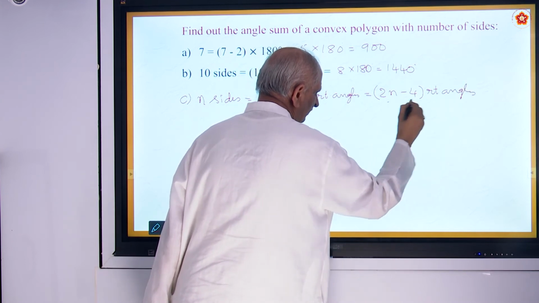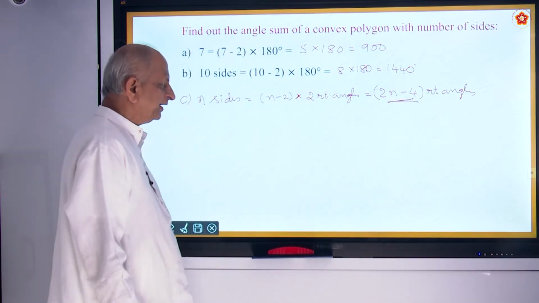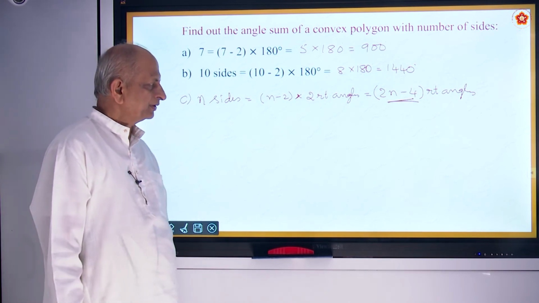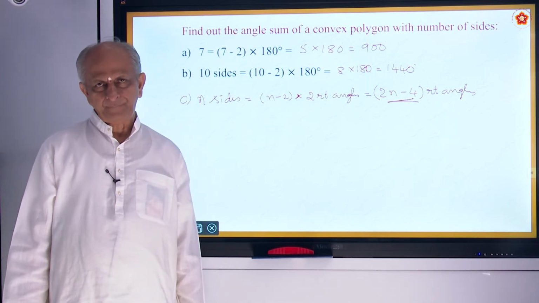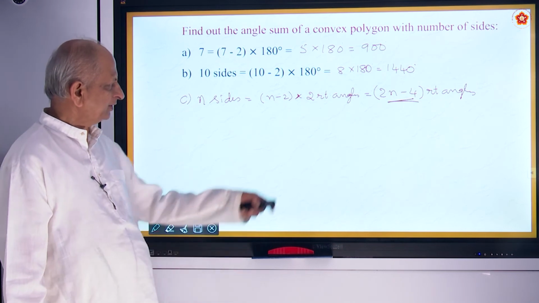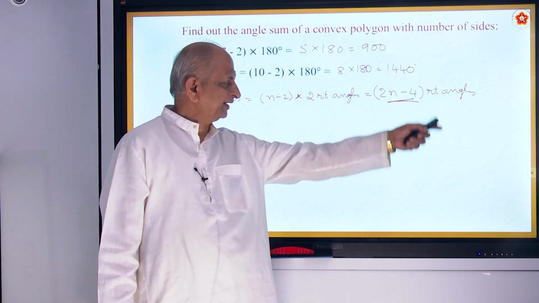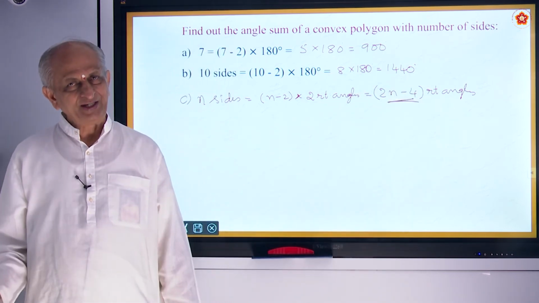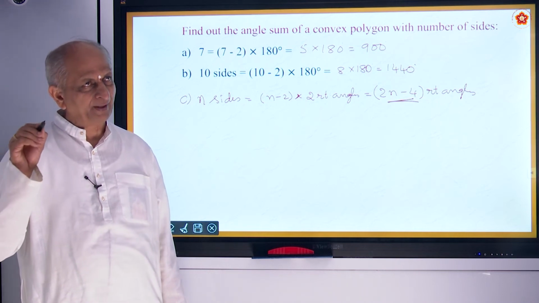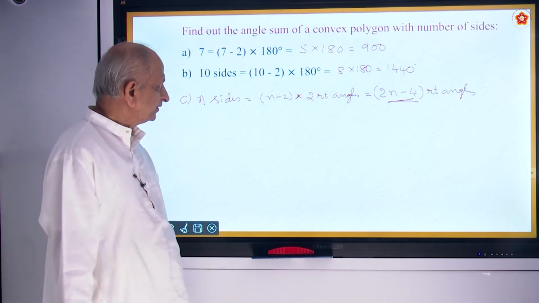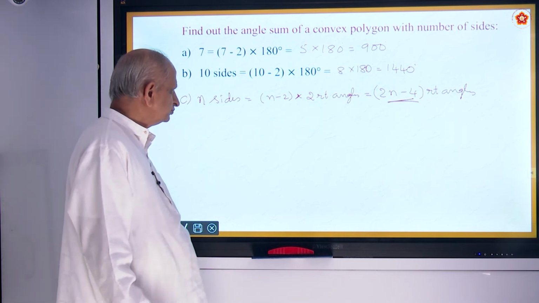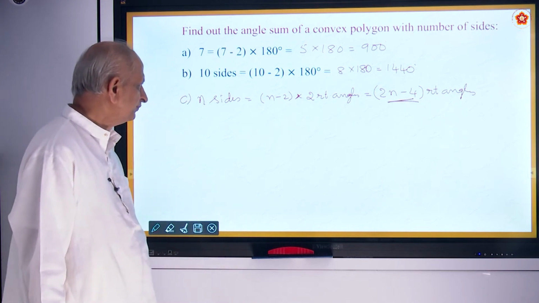That is the formula actually. The sum of all the angles of a polygon can be given by the formula 2n minus 4 right angles. Each angle is how much? 2n minus 4 by n. That is each angle. So that is for your information.